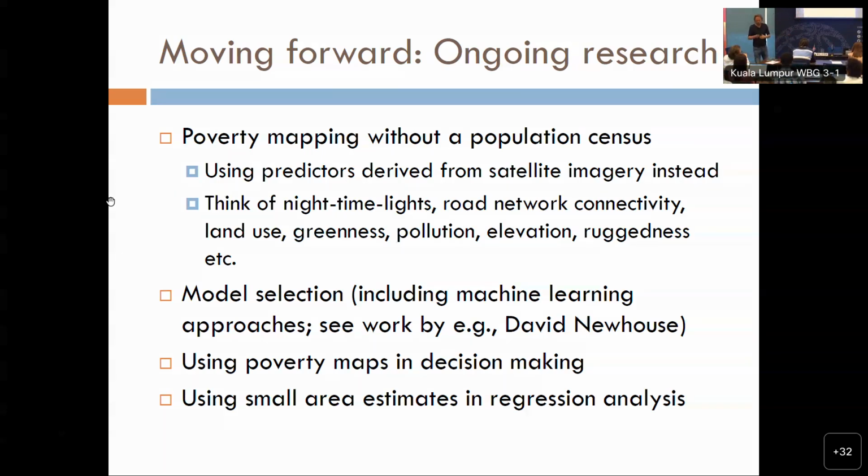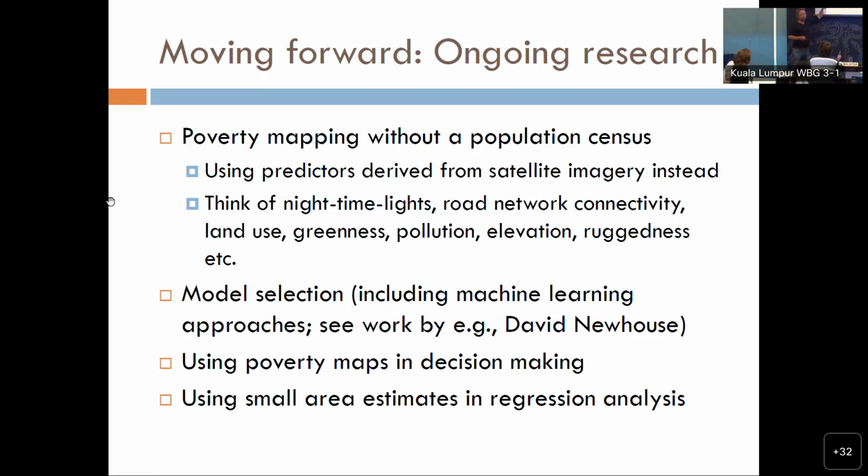So one should be careful to make general statements. Even in many countries, using increasingly more sophisticated model selection approaches might offer marginal gains. There may well be countries where these gains are more substantial. It's an active body of research, and one of my colleagues, David Newman, at the World Bank, is involved in that. And if you're interested in this type of work, I encourage you to look it up.